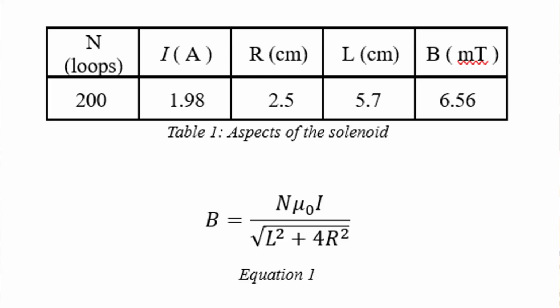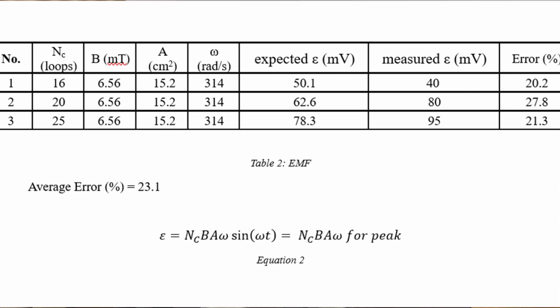First, I need to explain the data from the solenoid. As I said, the loop number is 200, and the current through it is, as you see, near 2 amperes. Now this table 2 represents the values I measured for each loop.